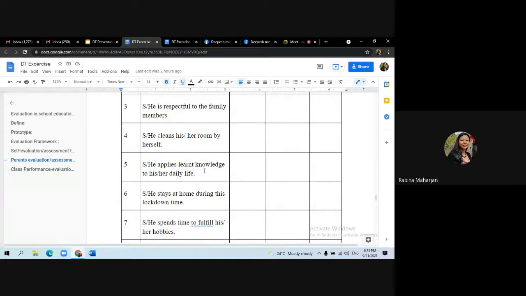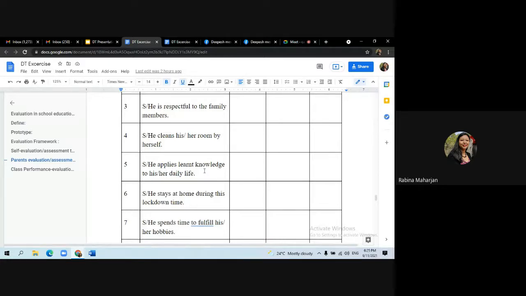This one is very important. They are studying very good in the academic portion, but when they have to apply in the real context, they are a little bit weaker in that sense.